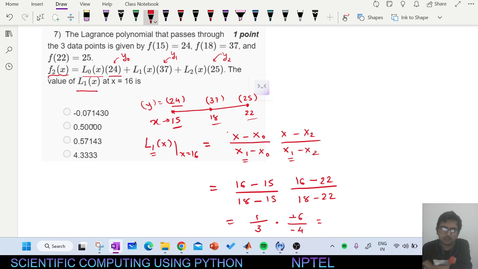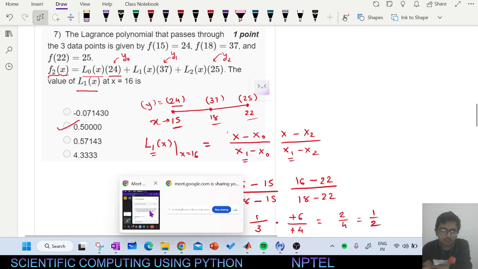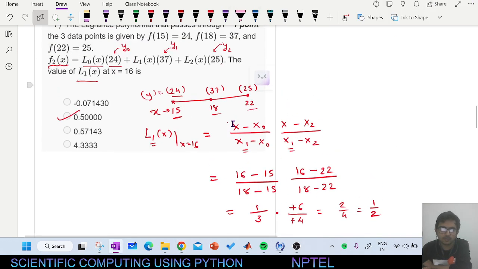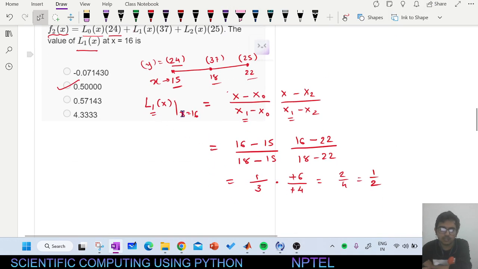So this becomes plus, 3 2s are 6, so 2 over 4 or 1 by 2, which is 0.5. Maybe some of you answered it. 0.5, yes, Anil Kumar. Nice. So we got one of the Li.